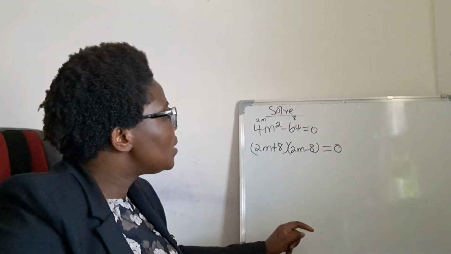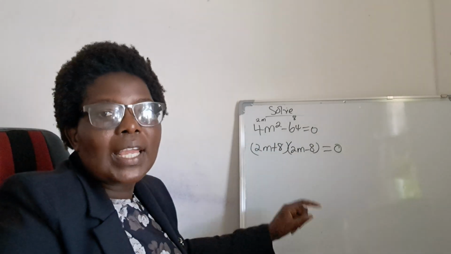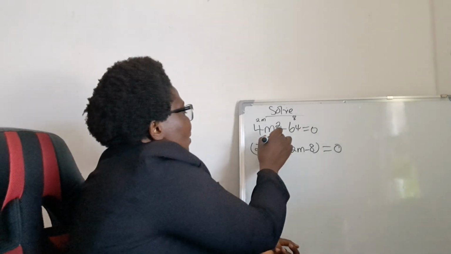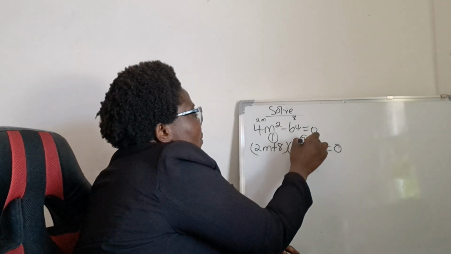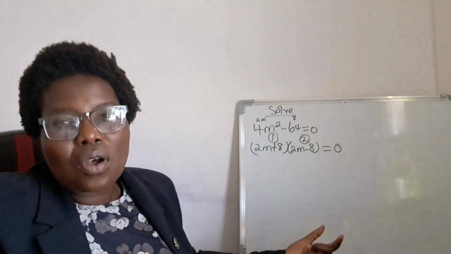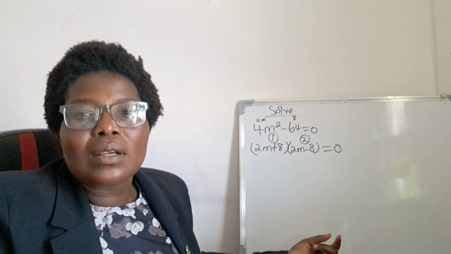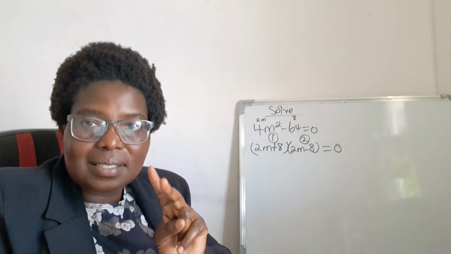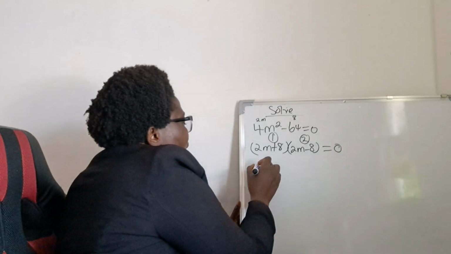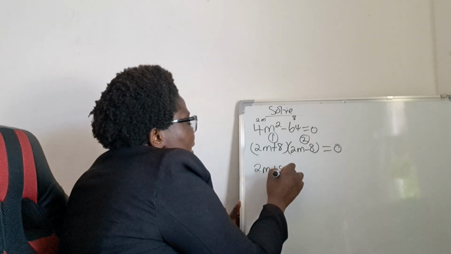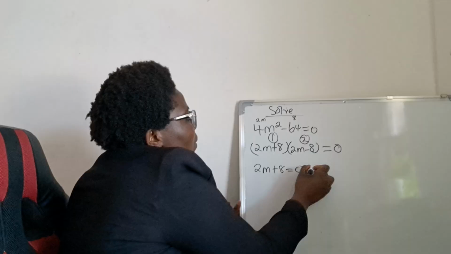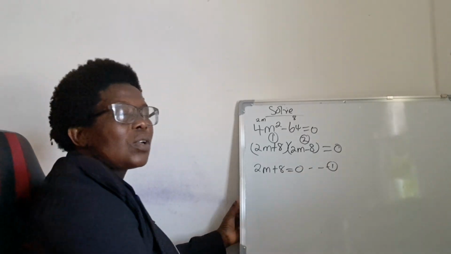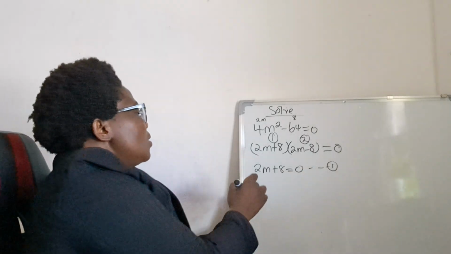That's equal to 0. From this stage, you can equate the two factors to 0 and solve them separately. Why? On a quadratic expression, we have two possible answers, right? So our 2m plus 8, that's equal to 0. That's equation 1. We're going to solve equation 1 first.